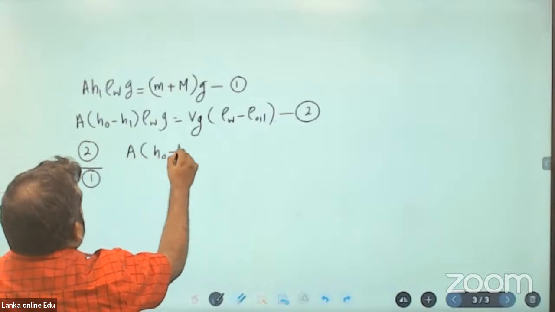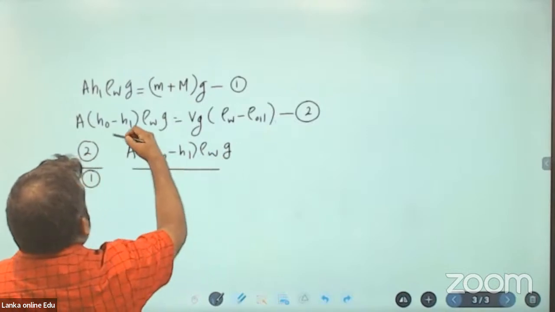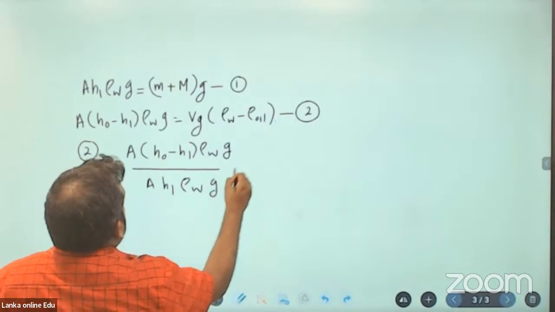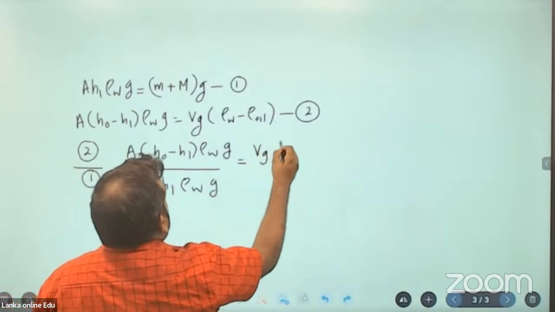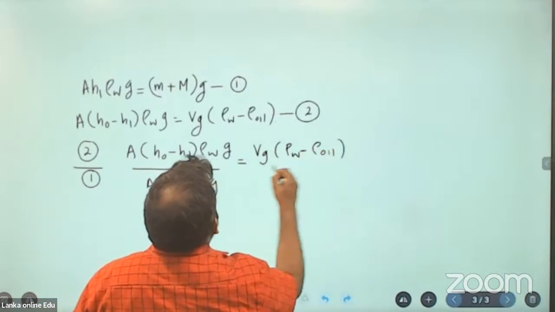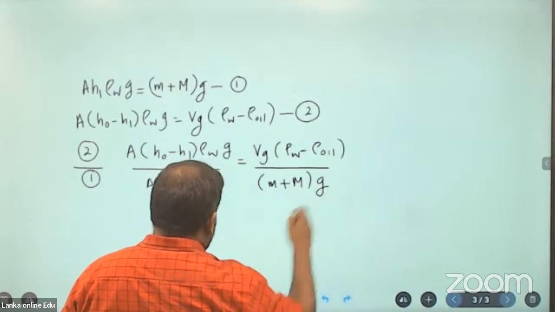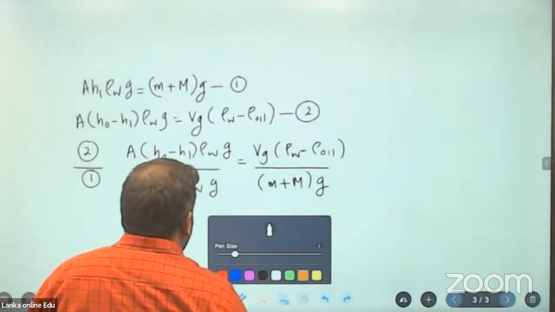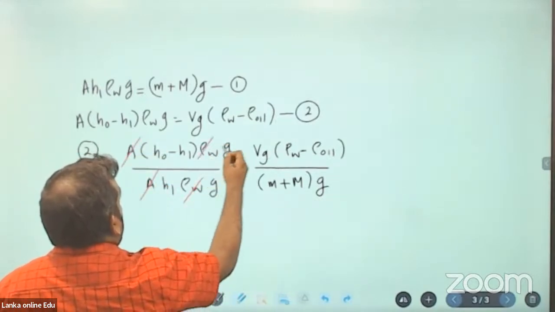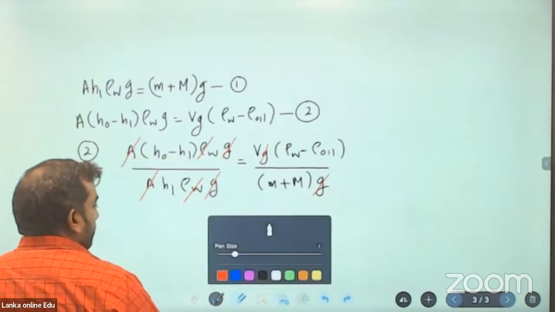A (h0 minus h1) rho_w g divided by A h1 rho_w g, left hand to left hand, equals V g (rho_w minus rho_oil) divided by (m plus M) g. So if I simplify this a bit, A cancels off, rho_w g cancels off, here also g cancels off.